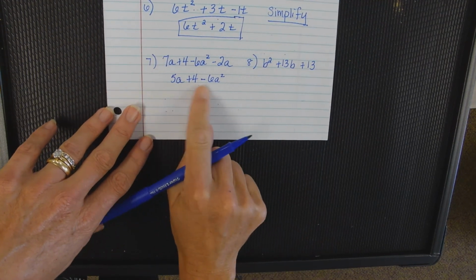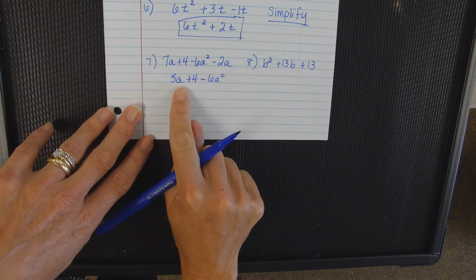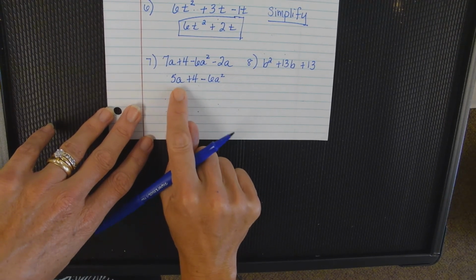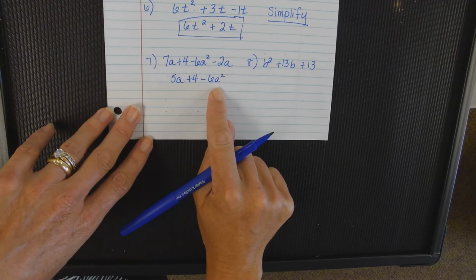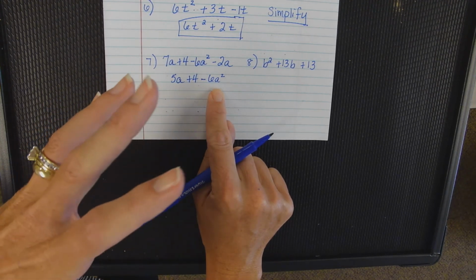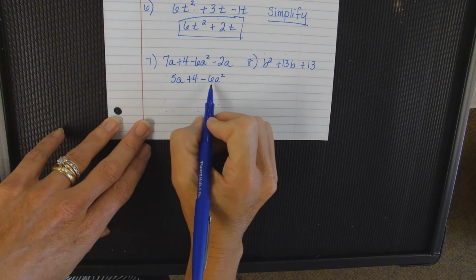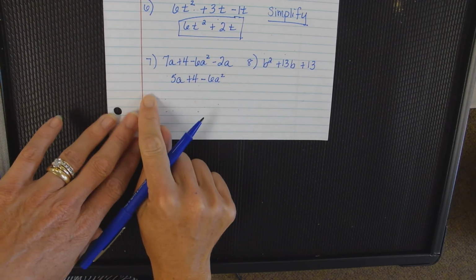plus 4 minus 6a squared. Okay, we're not done with that though. Everything is simplified, right? I can't add, there's no more a's, there's no more numbers, and there's no more a squared. But one thing I need y'all to get in the habit of, and it's my job, I'll make sure, is kind of writing this in order.